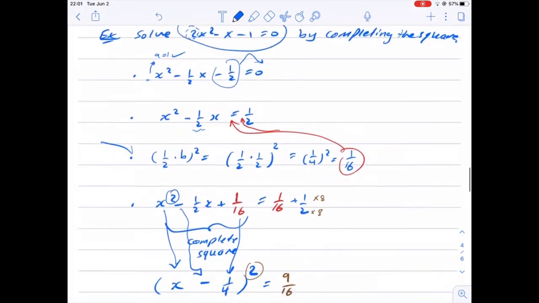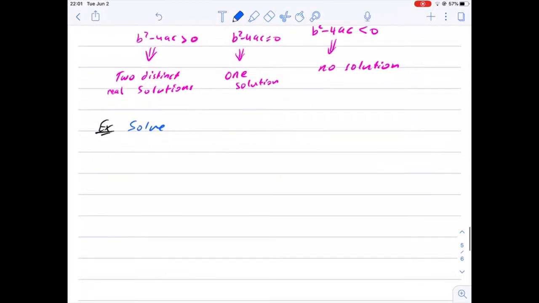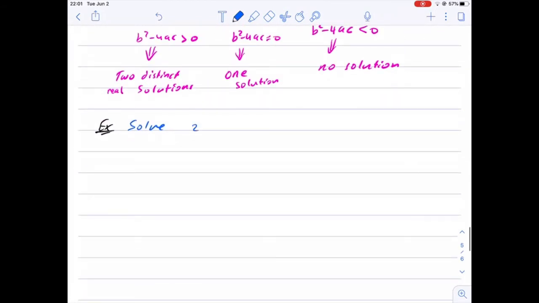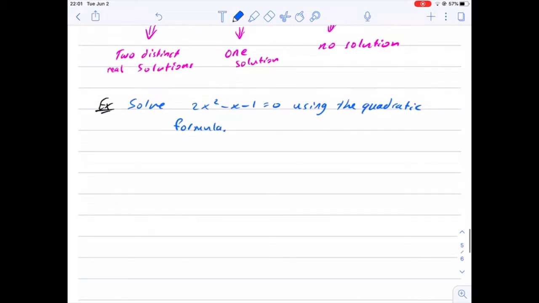We want to solve it using the quadratic formula, so we want to solve 2x squared minus x minus 1 equals 0 using the quadratic formula. So we need to determine a, b, and c. a is 2, b is -1, and c is -1.